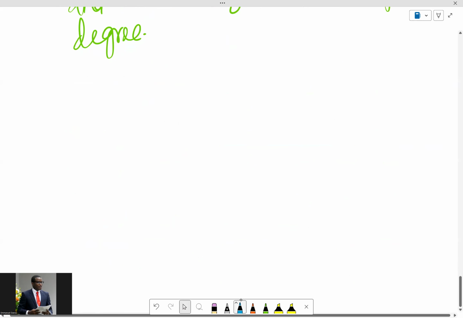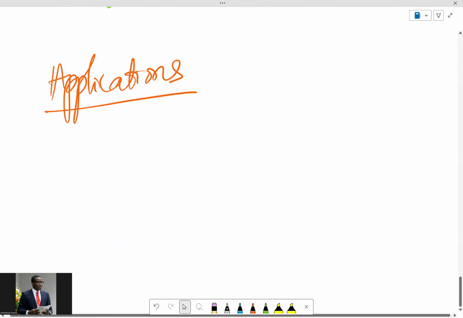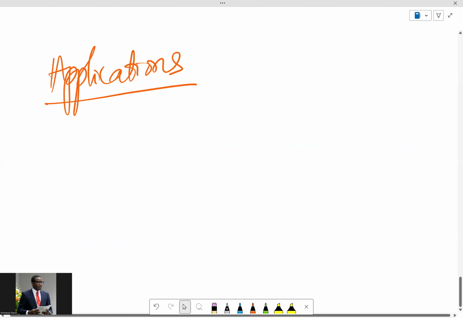So again, let's talk about the applications of Eulerian circuits and Eulerian paths. The first one is postal delivery.